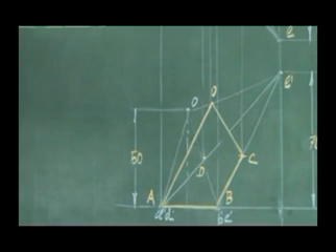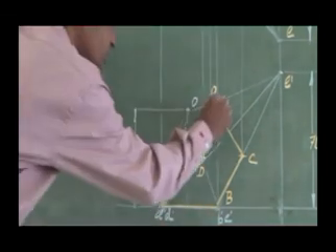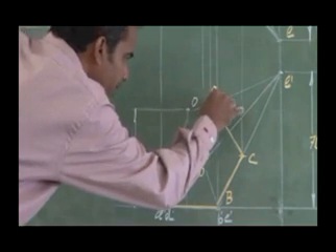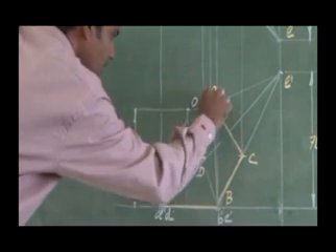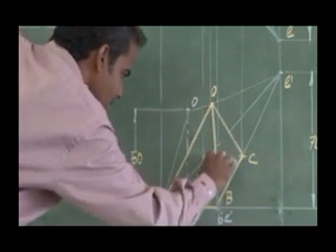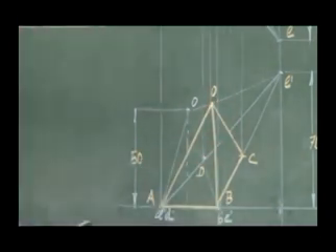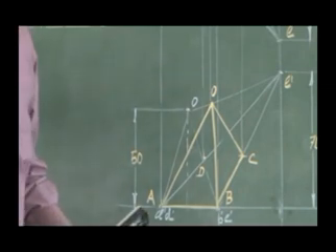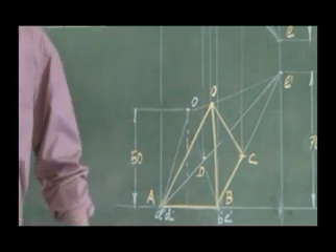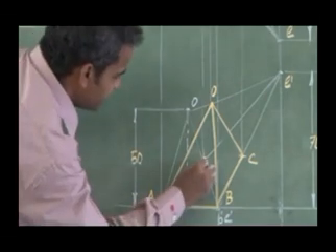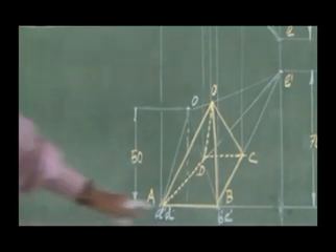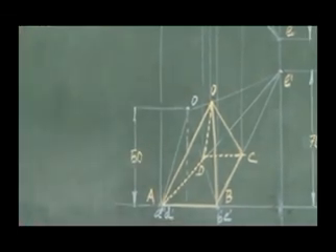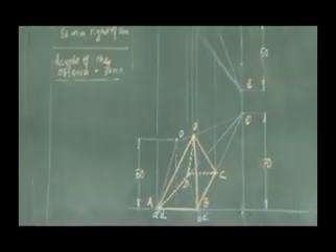Similarly, O to B, I have to show a slant edge, which is visible in my perspective. So what about the other base edges and slant edges? It will be hidden. So this base edge is hidden. This is going to be my perspective view of the pyramid.